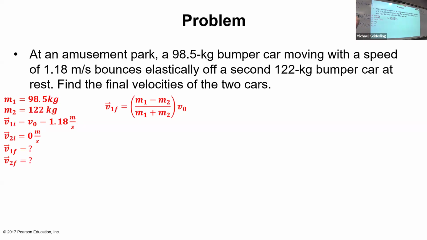V1 final will equal mass 1 minus mass 2 over mass 1 plus mass 2, times V naught. V2 final will be 2 times mass 1 over mass 1 plus mass 2, times V naught.